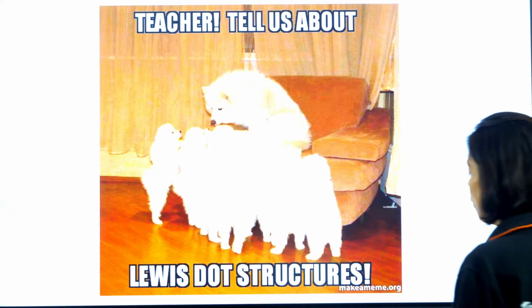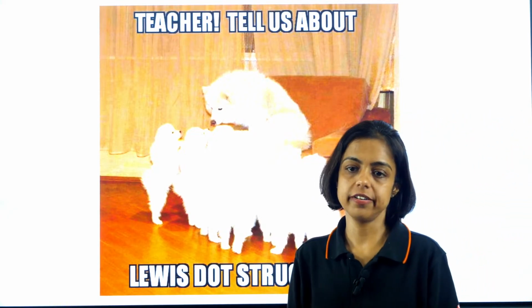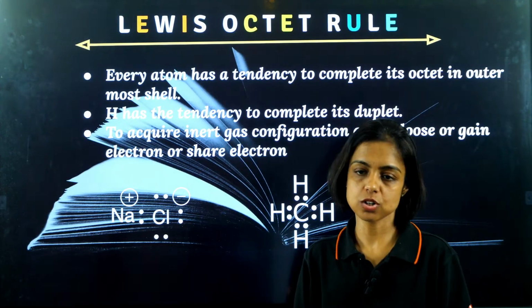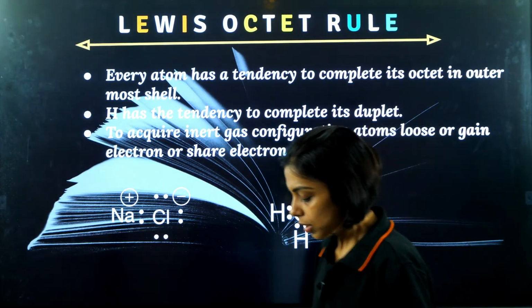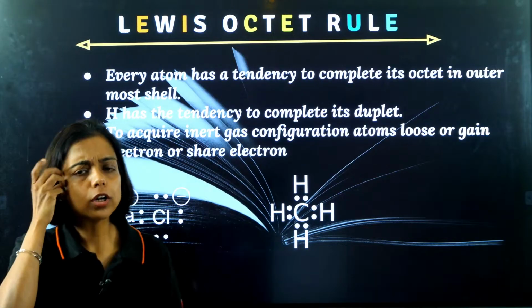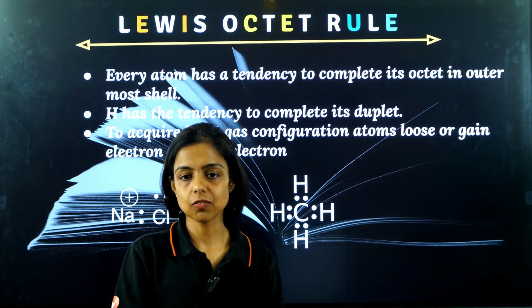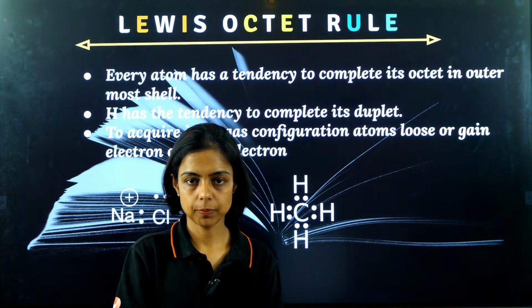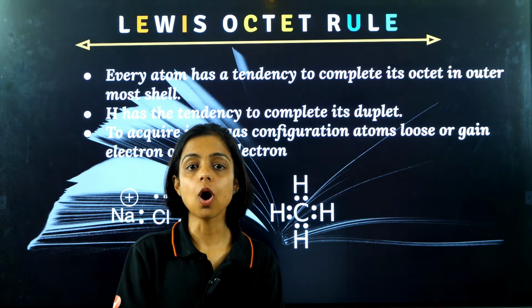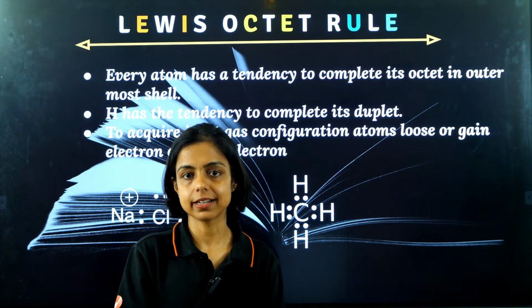Now, Lewis dot structure. What is a Lewis dot structure? Before that, the Lewis theory is a very old theory. It tries to explain why a bond is formed by giving a rule known as the octet rule. Octet means 8.